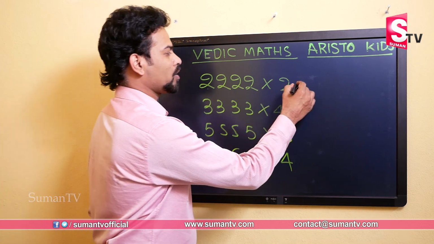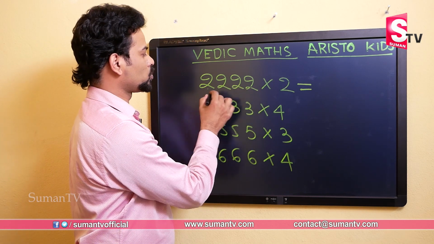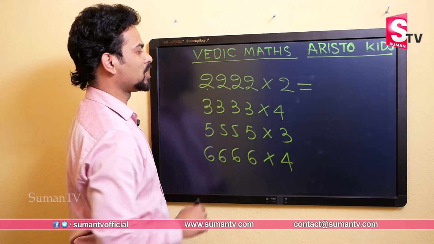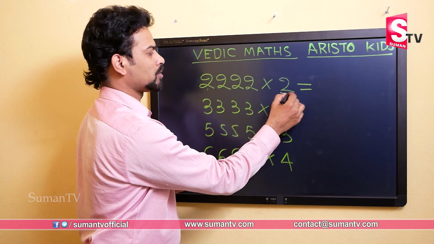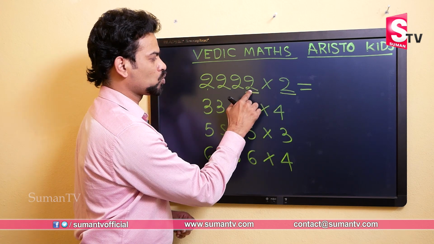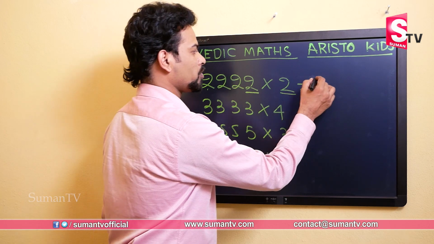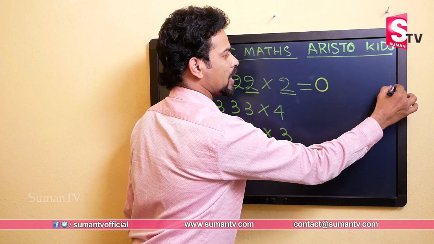So what we will do simply: this is 2222, the same digits are there in the multiplicand, and 2 is the multiplier. First step, we will multiply this 2 with this 2 and the answer is 04. So we will place 0 here and 4 at the end.